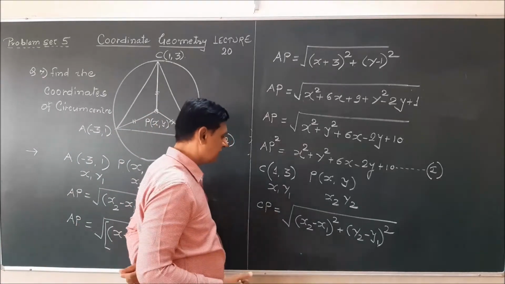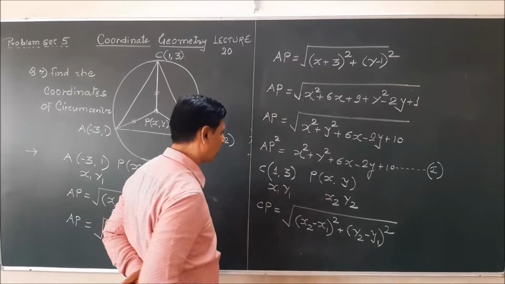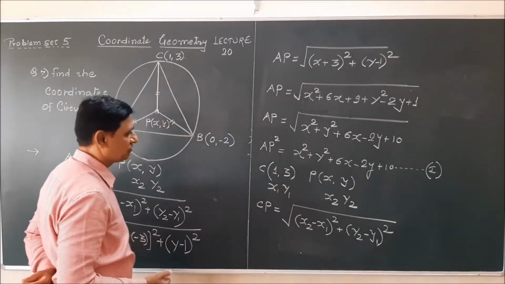Then I am going to find out CP, where x2 minus x1 is x minus 1, and y2 minus y1 is y minus 3.